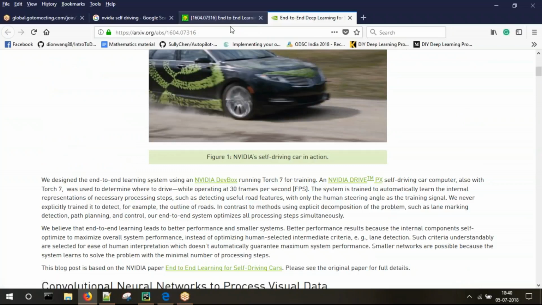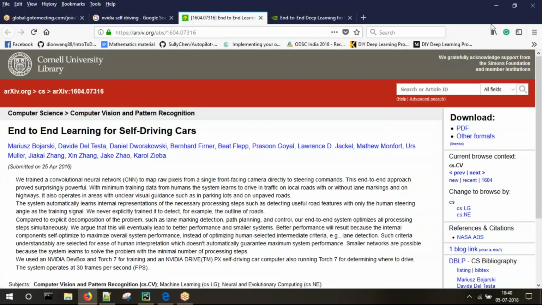The research paper is also uploaded on the same repository that I was referring to. This is a convolutional neural network in which they take pixels from a front-facing camera, and these are directly related to the steering commands.